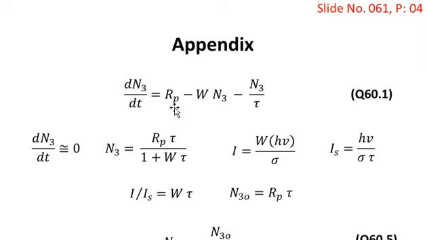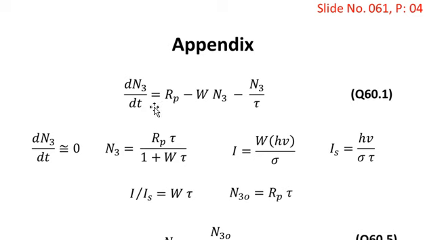You see that dn3 over dt is actually the rate equation for level number 3 in a 4-level system, where level 2 decays spontaneously, and level 4 decays very rapidly, not spontaneously, and the lasing levels are level number 3 and level number 2. So we have written the rate equation for level number 3.